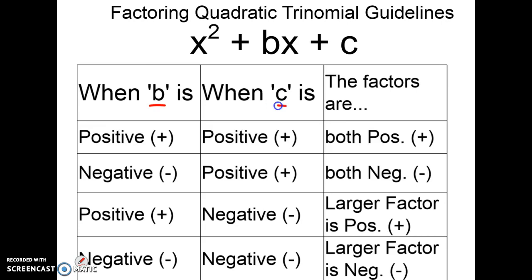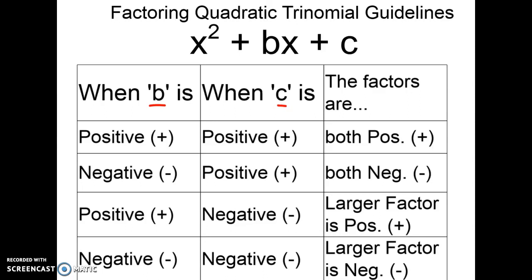It'll say both are positive, both are negative, the larger factor is positive or the larger factor is negative. Hopefully, this is something that you can use throughout Chapter 9 as we're factoring trinomials. I know it helps some students, but it might confuse others. So if you're one of those students, maybe this isn't the route you go. You just stick with your factor table or your factor diamond.